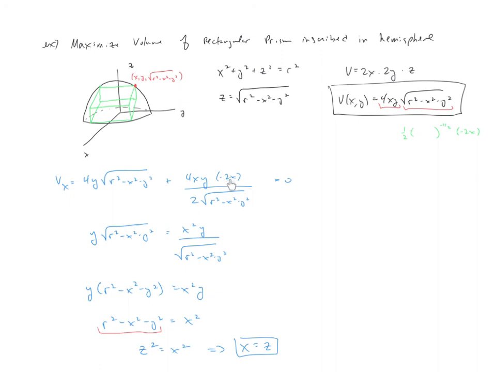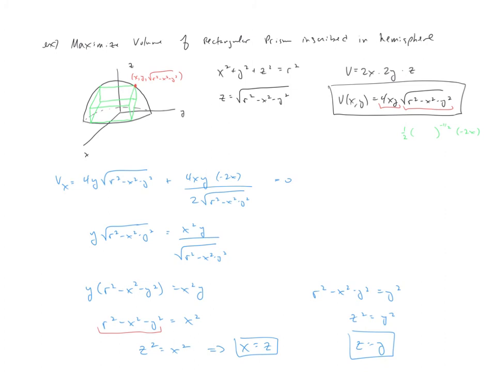And so the only real difference is if you wrote that out and worked it down, you would essentially be dividing off an x here instead of a y, but you would also then be left with an r squared minus x squared minus y squared equals a y squared. Therefore, z squared equals y squared and z equals y.